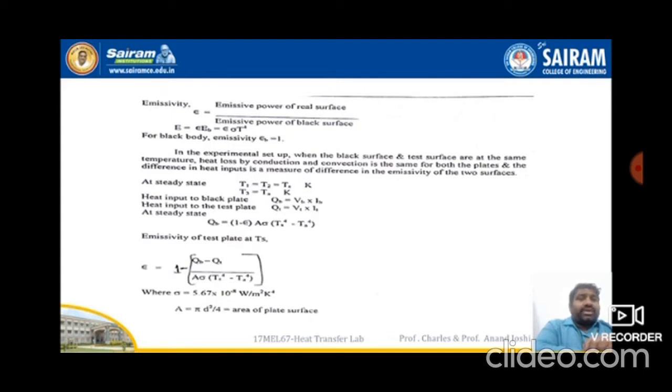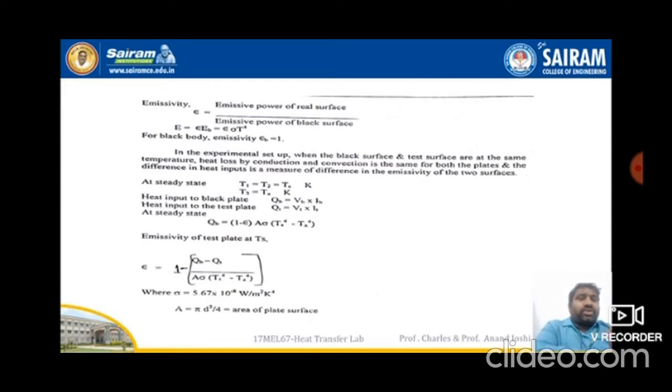By setting the voltage and current, you get the corresponding heat inputs of the plates. At steady condition, QB minus QS is equal to (1 minus epsilon) into A into sigma into (Ts to the power of 4 minus Ta to the power of 4). Here Ts is the temperature of the test plate, which we have to write down.